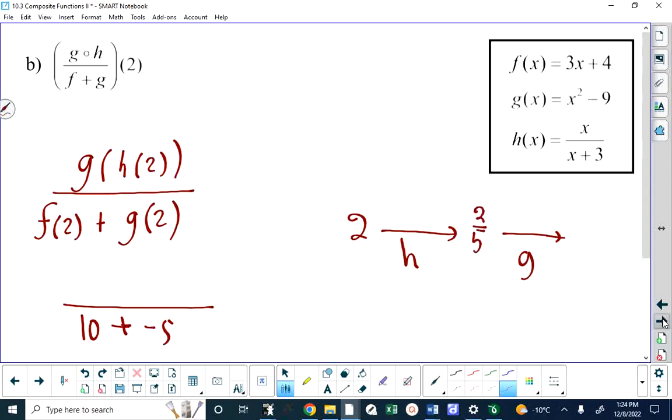And then I have to take 2/5 and square it and subtract 9. And I know you guys would just prefer to use a calculator, and you can go ahead and do that. I want to say negative 221 over 25. Yes?